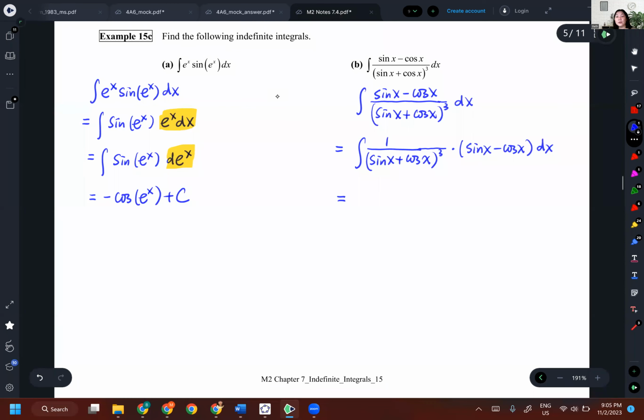Again, that's just a separation. And then I will have sine x plus cosine x cubed. And this one, bear with me. It's d of negative cosine x, negative sine x.